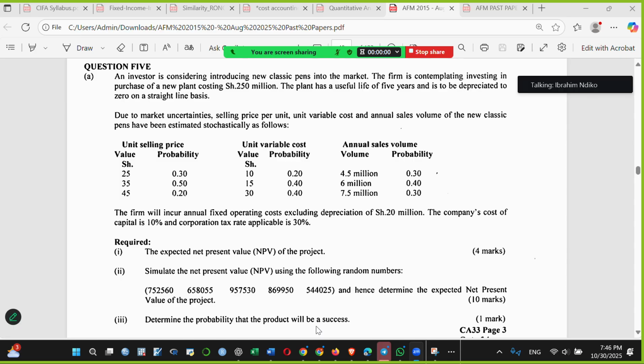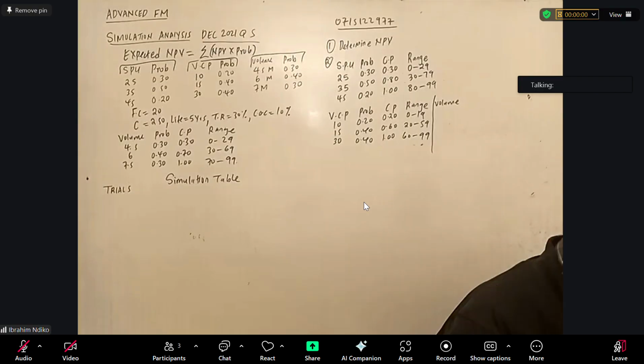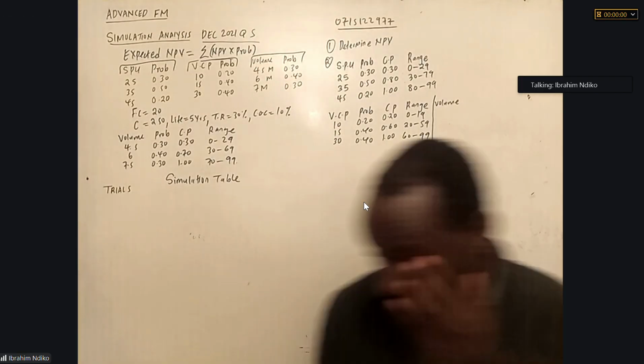Andika chini, write it down. Nataka kufanya swali sasa ndio tujue. Anyway, siwezi kukuambia how many runs we have unless ufanye kila kitu hadi mwisho. Uko sawa? So let us just do them.